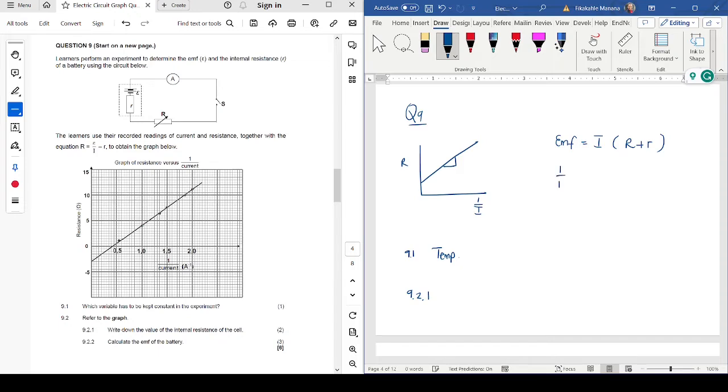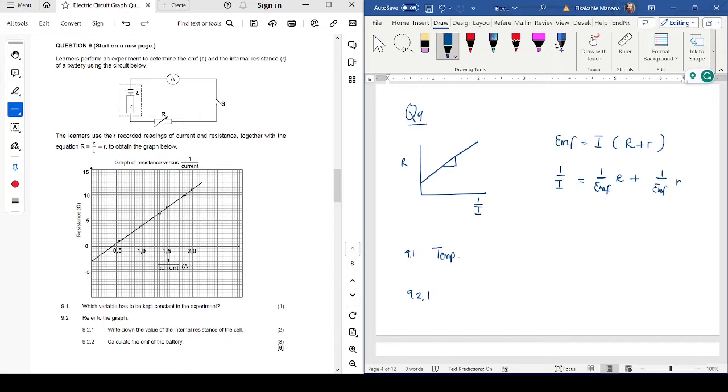So you're going to have 1 over I, which is equal to 1 over EMF times R, and 1 over EMF times the internal resistance.